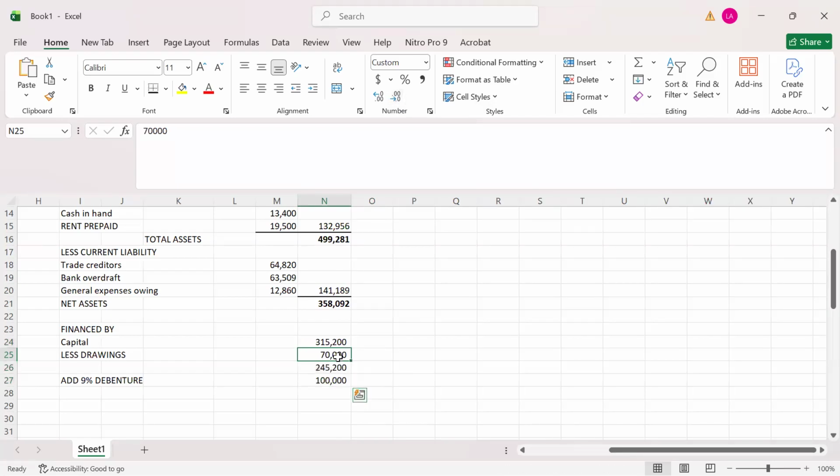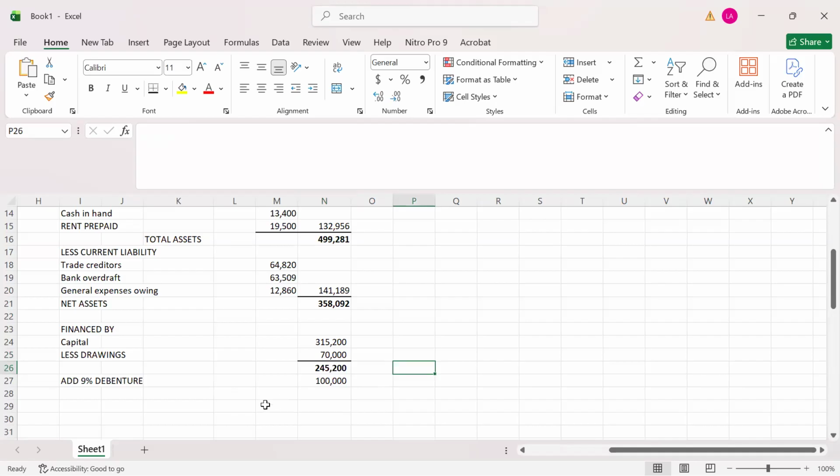So this is this one before this. So then this is the actual that was left inside. Okay. Then we add the debenture.